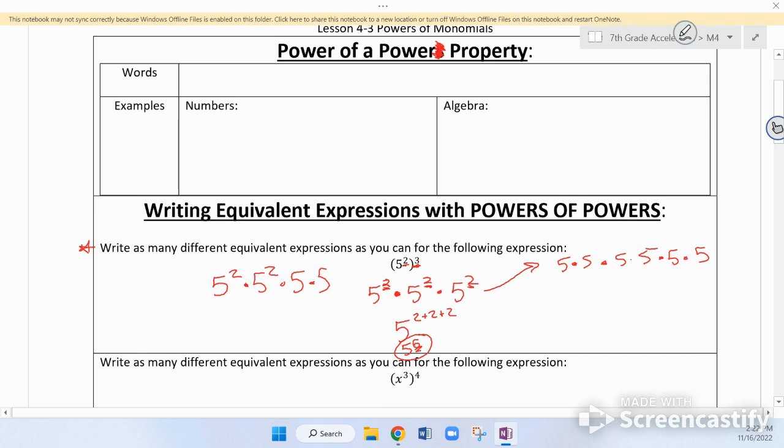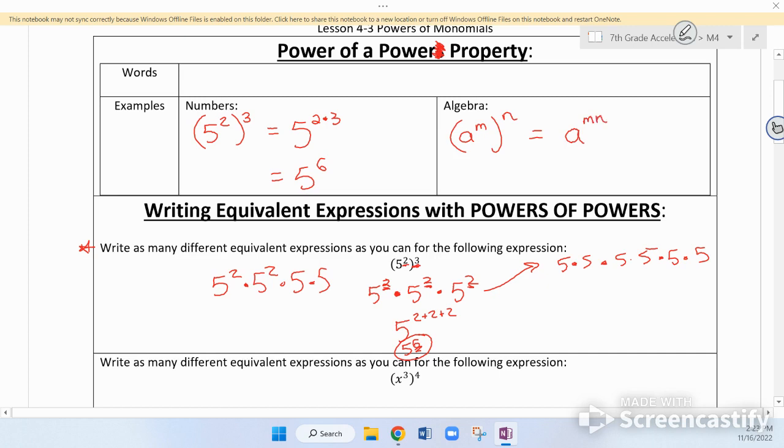All right, so here are some examples. In numbers, if we were to do 5 to the second, then to the third, we would keep the base. We go 2 times 3, and our answer is going to be 5 to the 6th. In algebra, if we have a to the m and outside the n, then we get a to the, how do we write variables that are multiplied?